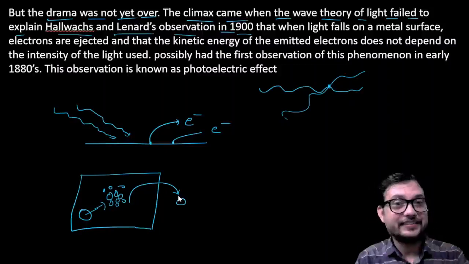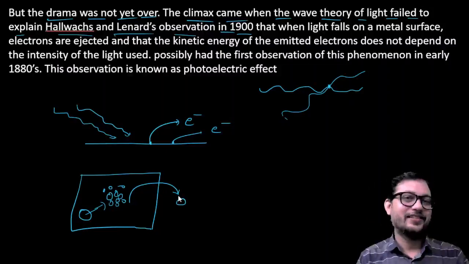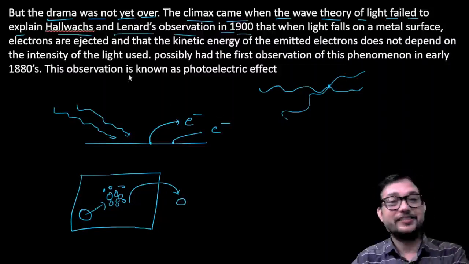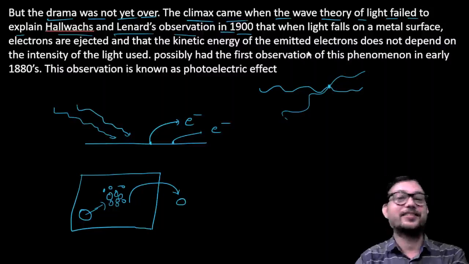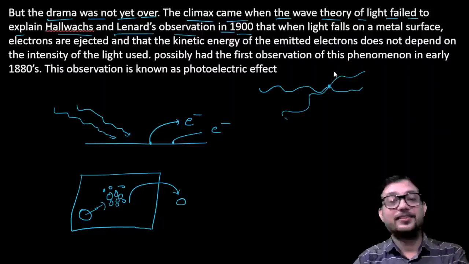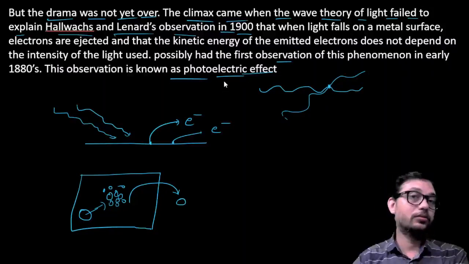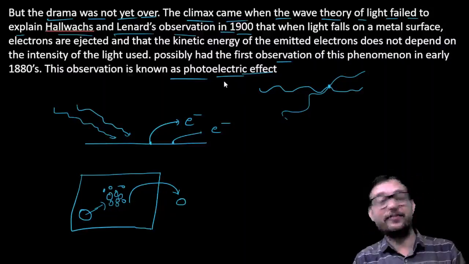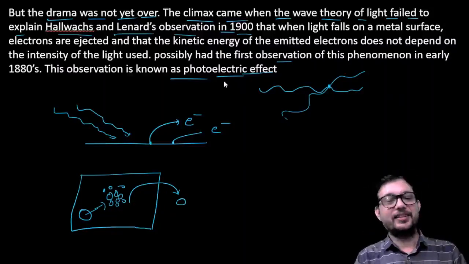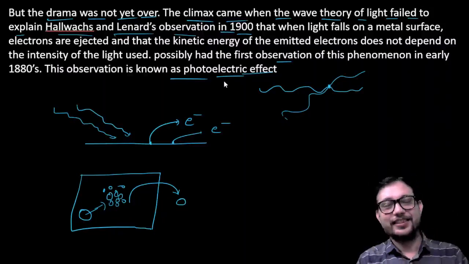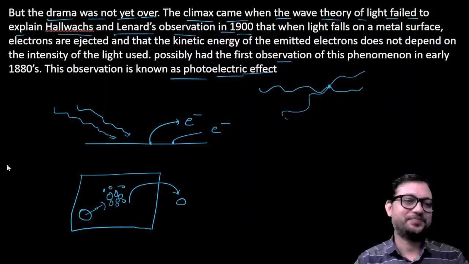And that is the observation of Hallwachs and Lenard, which was carried forward by Hertz. That observation is known as the photoelectric effect. So when the photoelectric effect came into light, the question once again came in front of us: is light a particle or a wave?